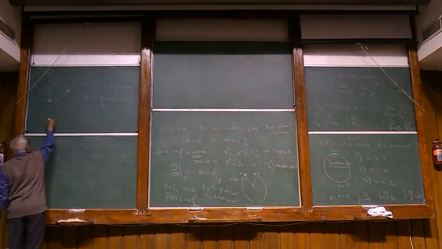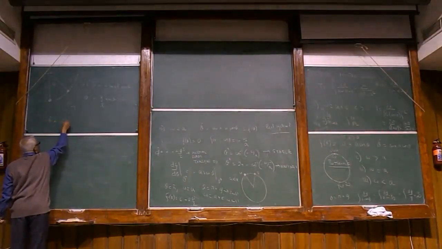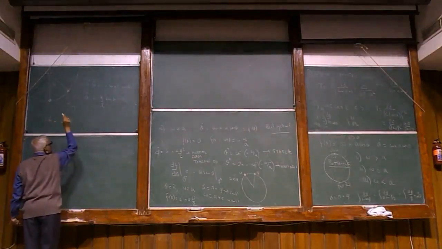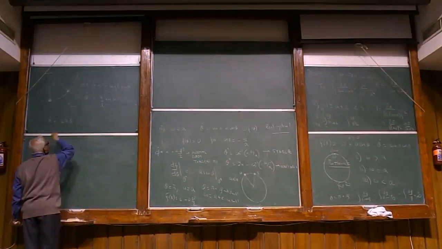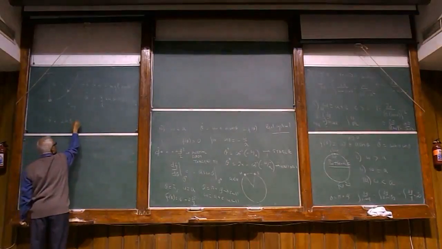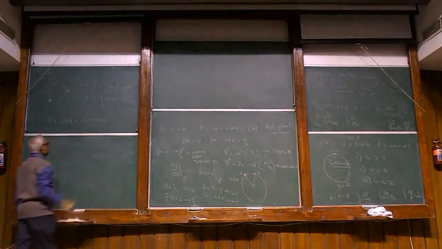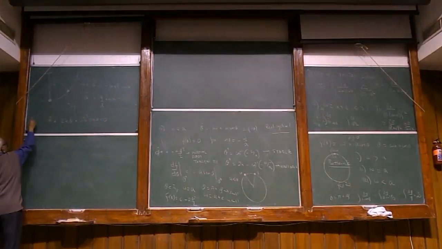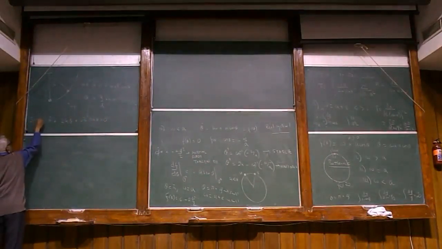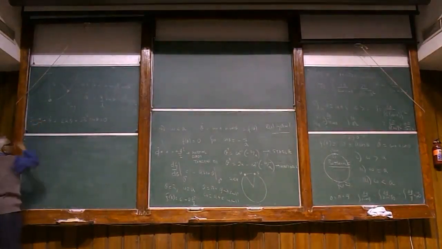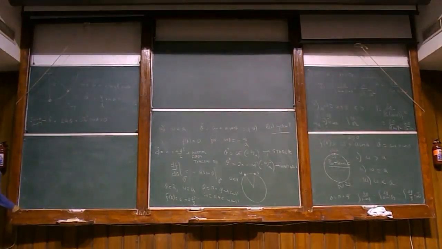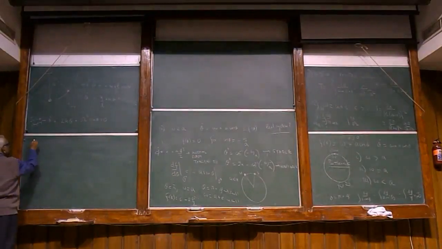So there would be a term like theta double dot plus, let's say, 2k theta dot, that's the viscous drag, k is proportional to the viscosity, plus omega square sine theta equal to 0. So this includes damping.